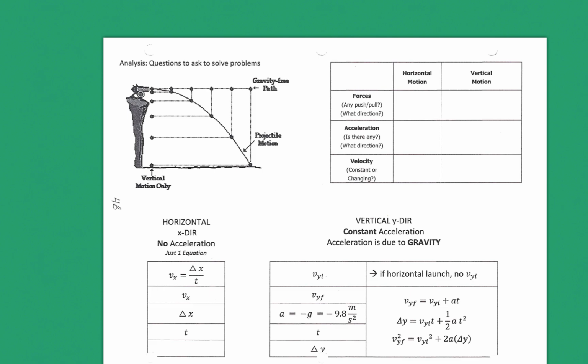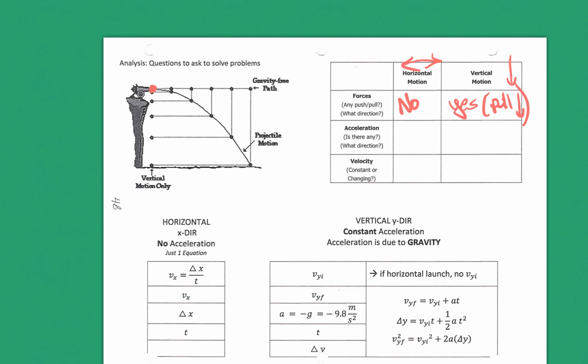So the analysis of a horizontally launched projectile, actually it's true for any projectile, is that in the horizontal direction there is no sideways force. There are no forces in the horizontal direction. There is, yes, a pull of gravity, and it's a pull downward in the vertical direction. There is a force.